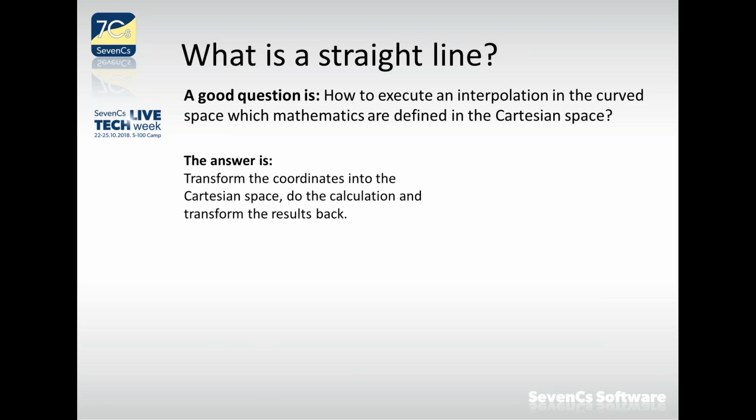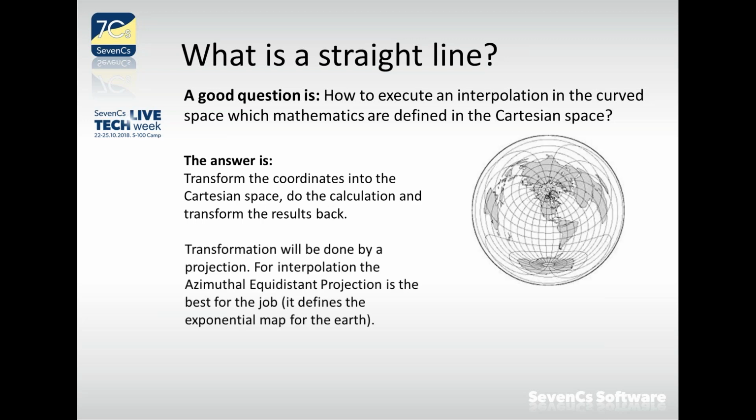If we cannot calculate the interpolation in the curved space, then we just transform the coordinates to the Cartesian space, do the calculation, which is relatively easy, and then we transform the results back to our curved space. Which brings me to the next question. What is the transformation we use? We have seen that projection can do this task.